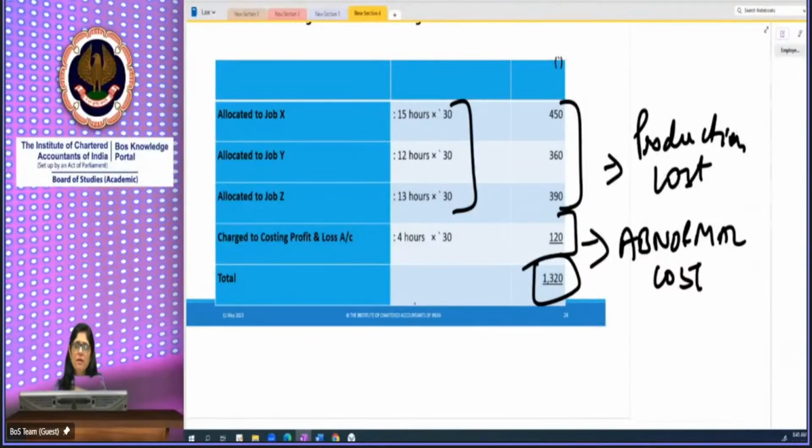So actually the organization is bearing the cost of 1320, but the productive cost is only 1200. 120 is the unproductive cost, the total abnormal cost. All right. So I hope you must have understood this. Hope you have taken the note of this solution also, basically how we present it.